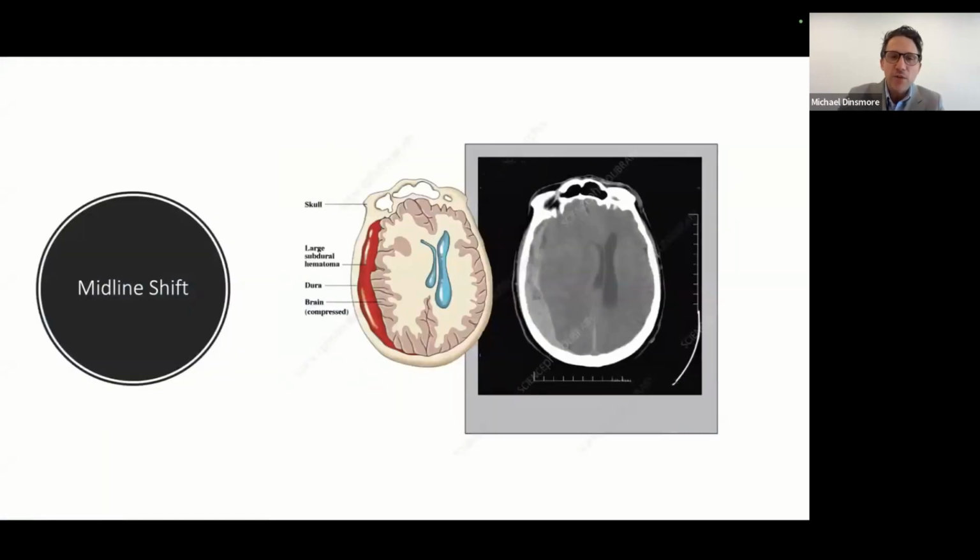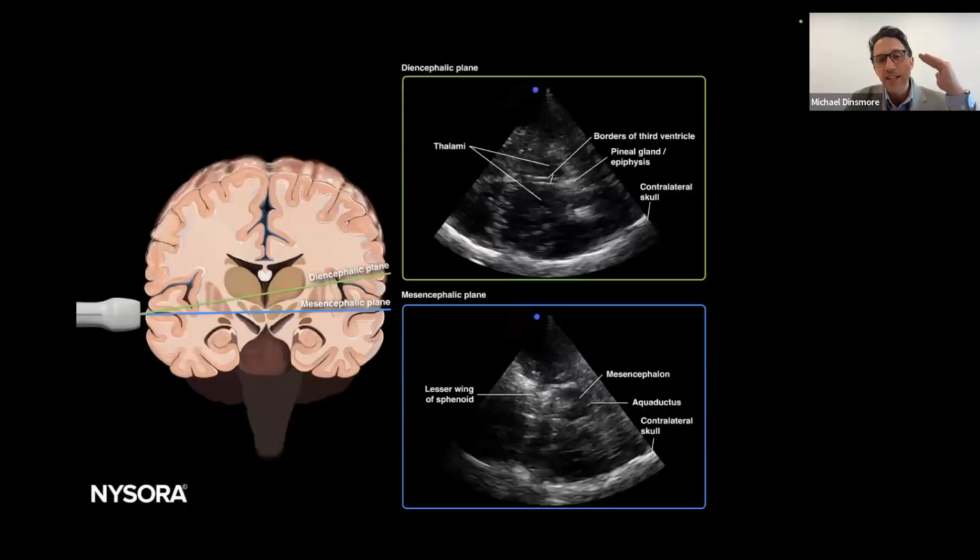Okay, and the last one that we looked at, a very easy way to assess, is midline shift. Instead of using the midbrain, you're going to see the diencephalic plane. Again, you want to see the contralateral skull.